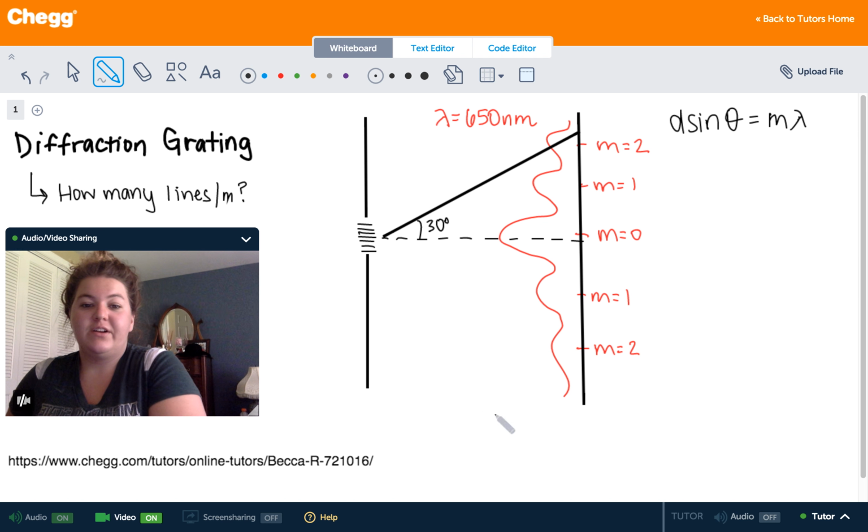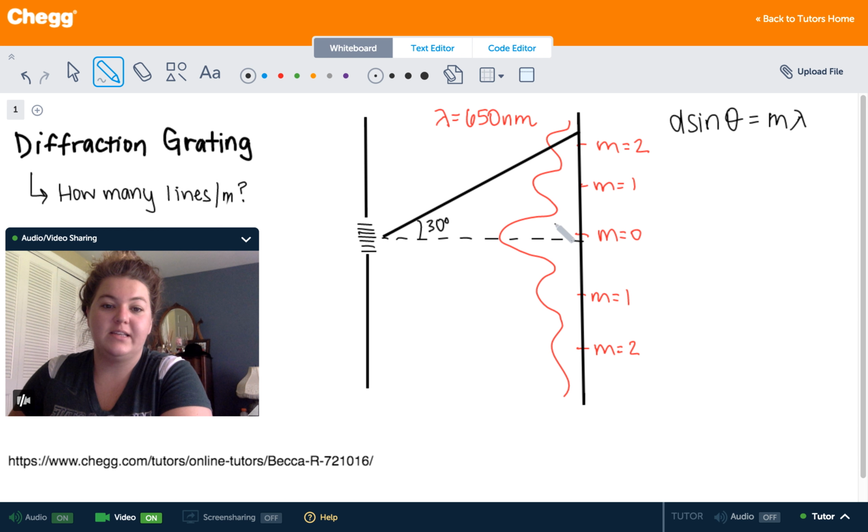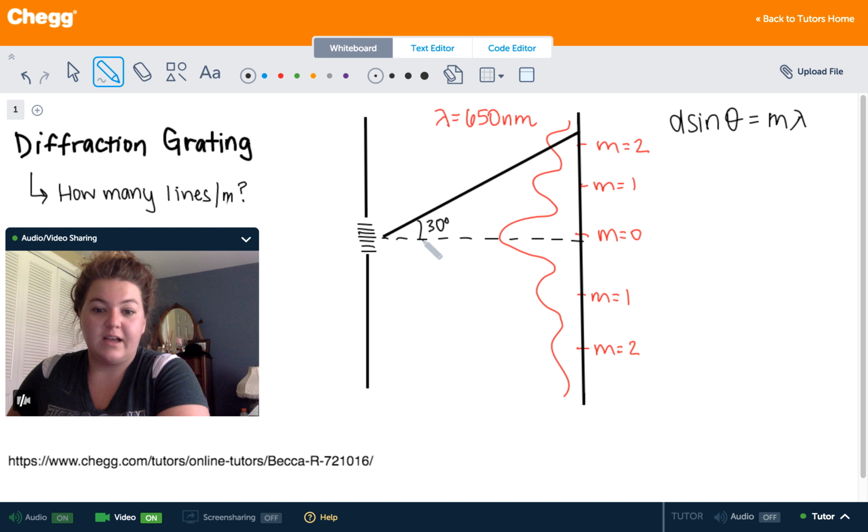And let's say that the figure you're given is this one, and it shows light shining through the diffraction grating, our central max here, and then our secondary and tertiary maxima on either side. The angle between the central max and the second maximum is given as 30 degrees.